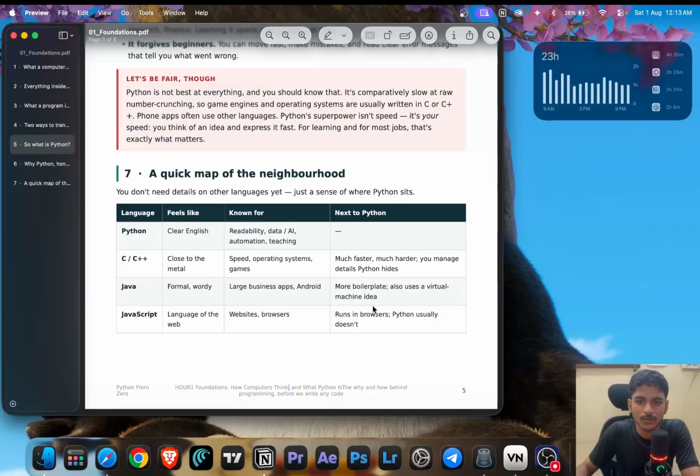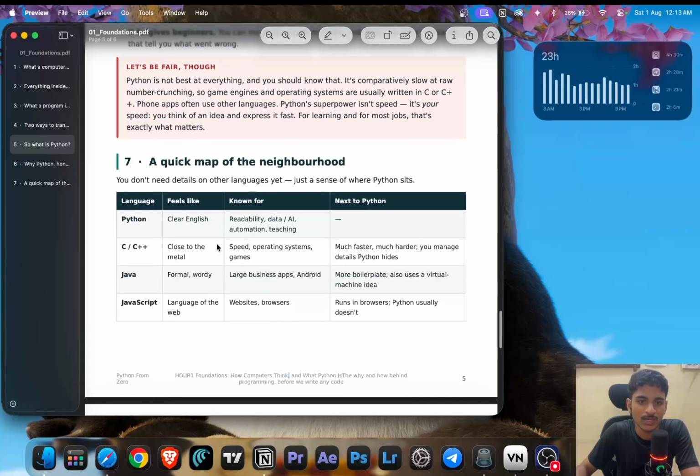If you want to know how the other languages look, JavaScript is mostly used for web development, and Python is also useful in web development. It is also useful in AI, automation and data. It is used in finance and quant, but it is not an advantage where speed and security matter a lot.